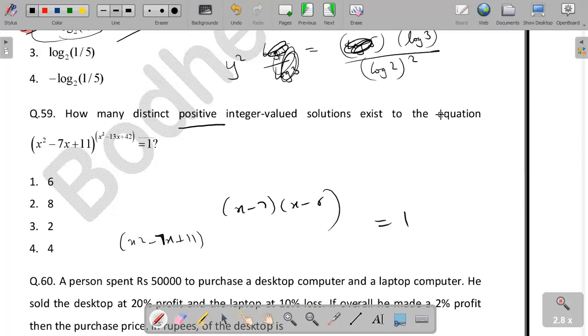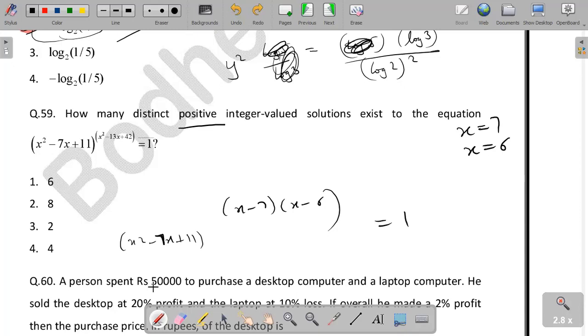Positive solutions are needed, so don't count the negative or the 0. So x is equal to 7 satisfies, x is equal to 6 also satisfies. But you should know that 0 by 0 is nothing, so avoid this solution. And if I check by putting x is equal to 7 in this, there is nothing like this. Now for x is equal to 6.